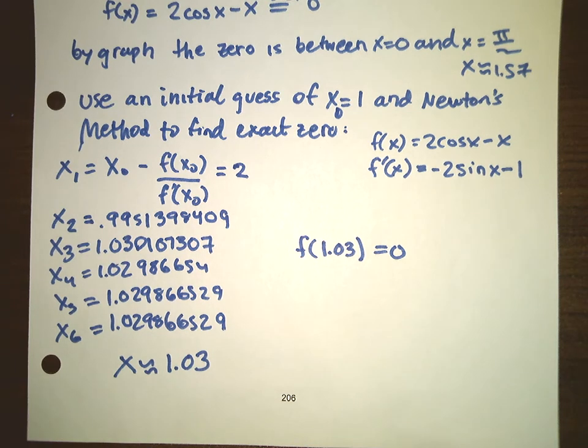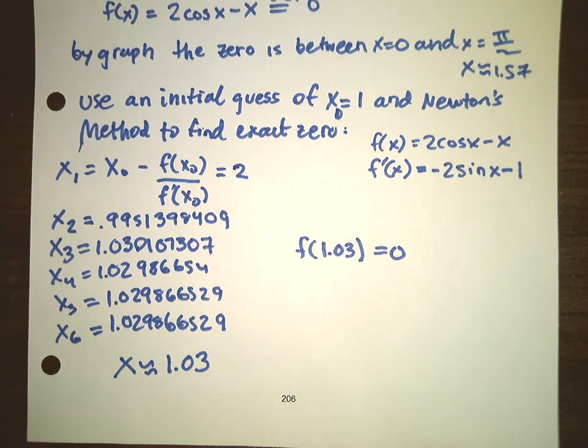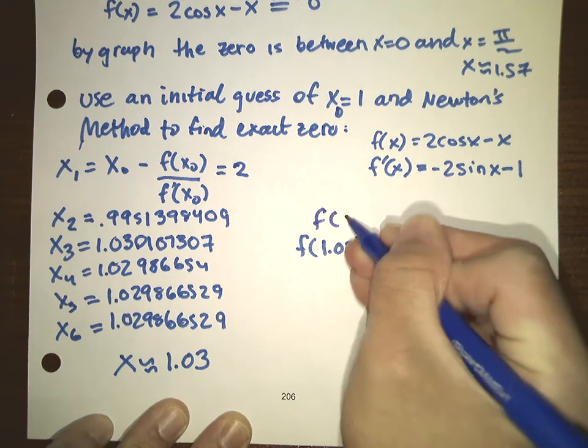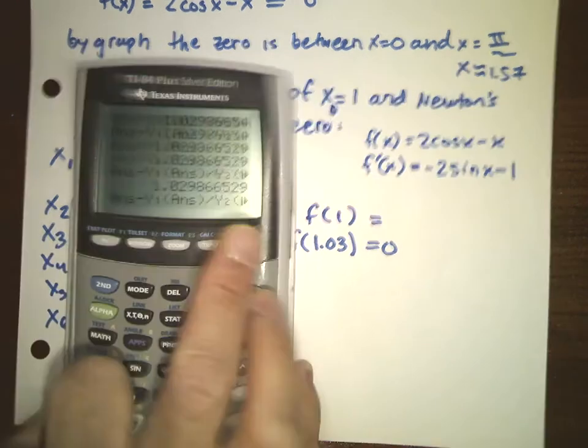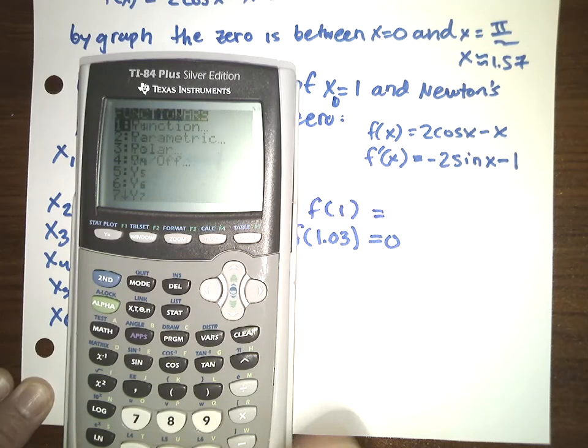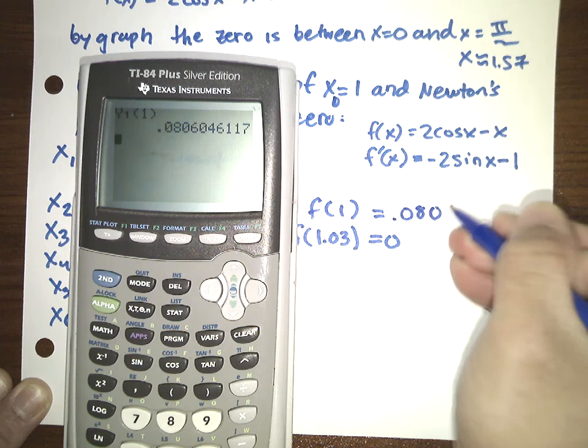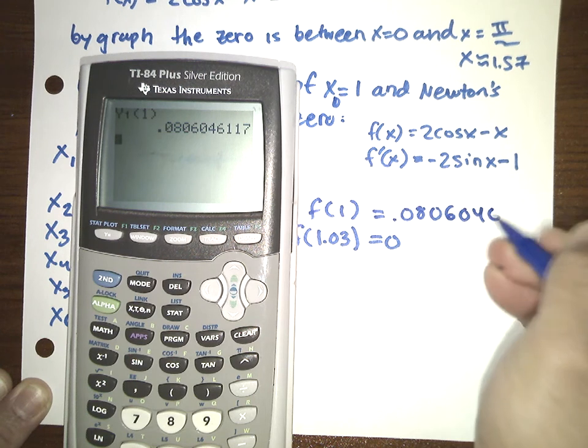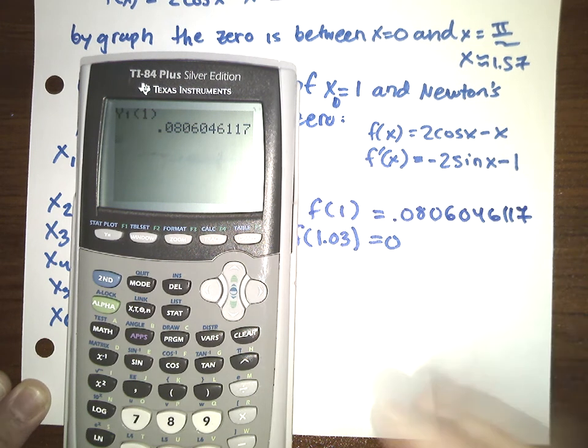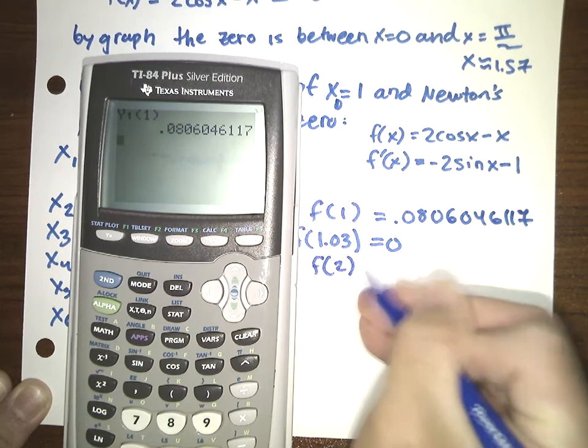Keep that in mind also. So let's try f of 1. F of 1 would be 0.08060461117. And let's try f of 2.